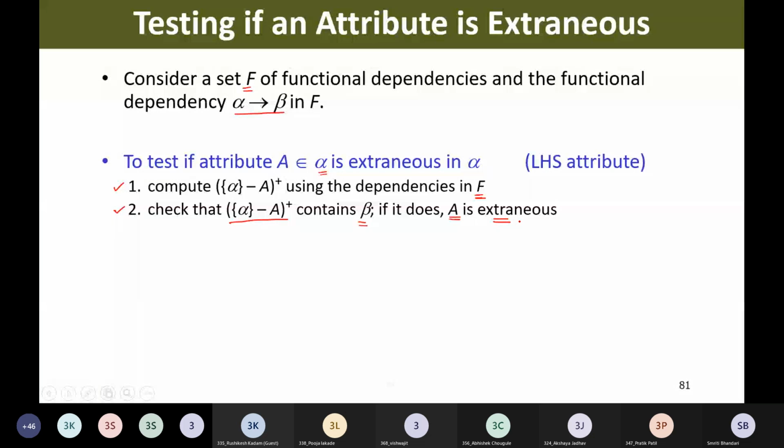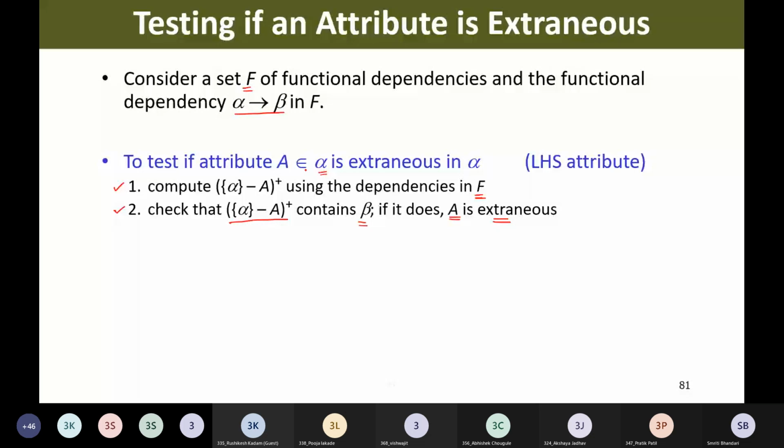Step number 1, compute the closure of alpha minus A using the given set of functional dependencies F and check whether this closure contains the right hand side of the dependency.